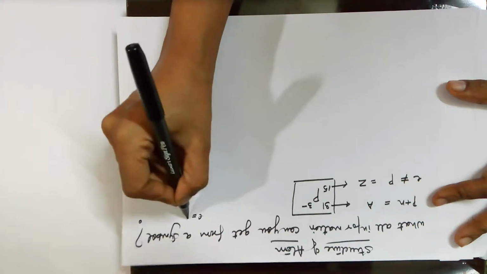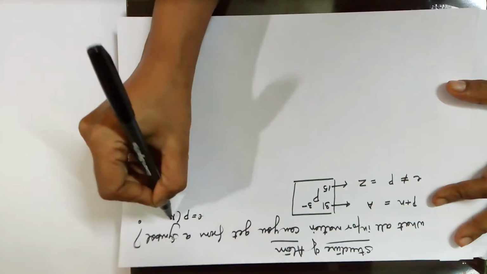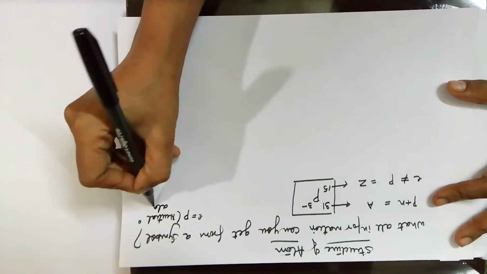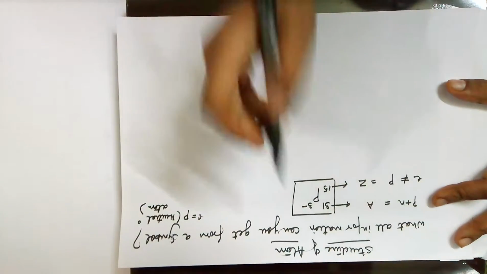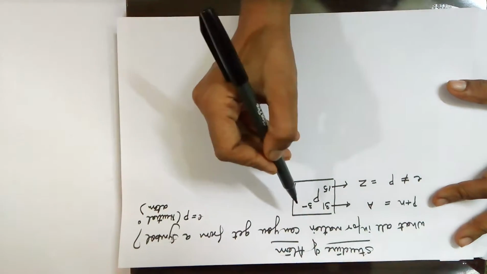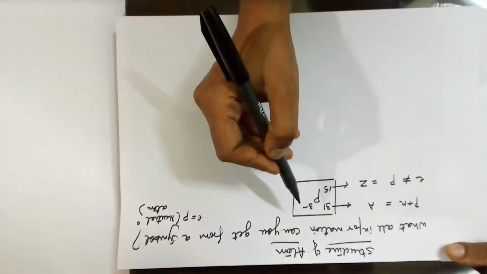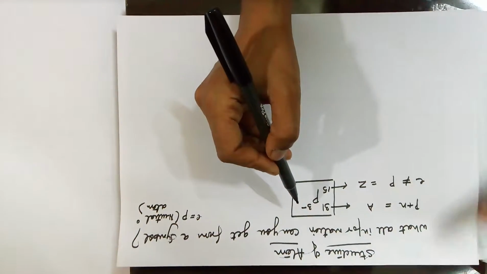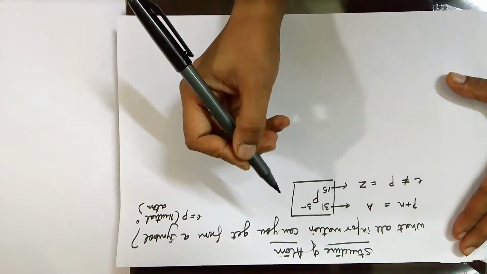Electrons are equal to protons only for a neutral atom, not otherwise. Since in this case you have a charge of 3-, it is an anion, the electrons will not be same as the number of protons.